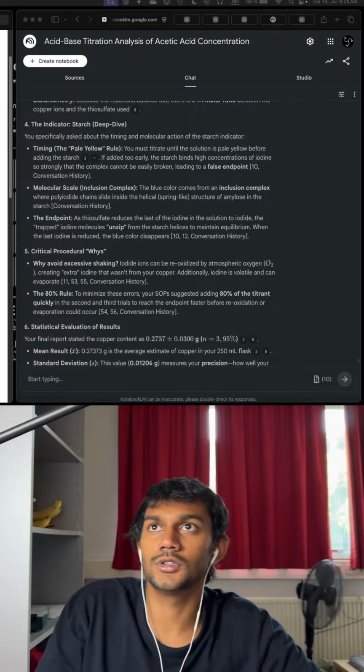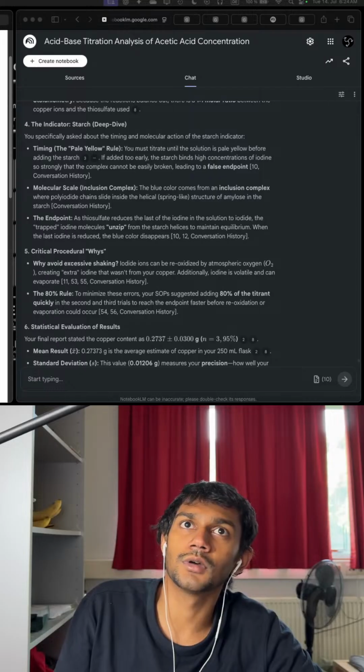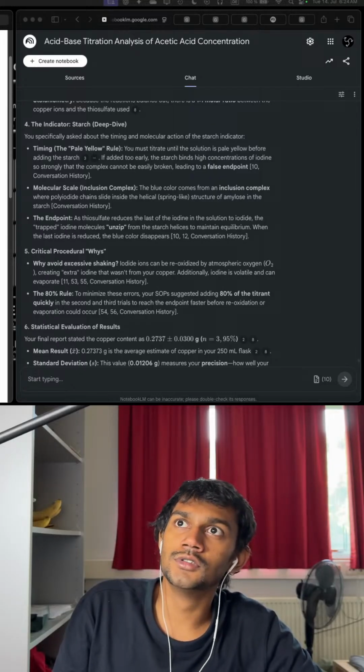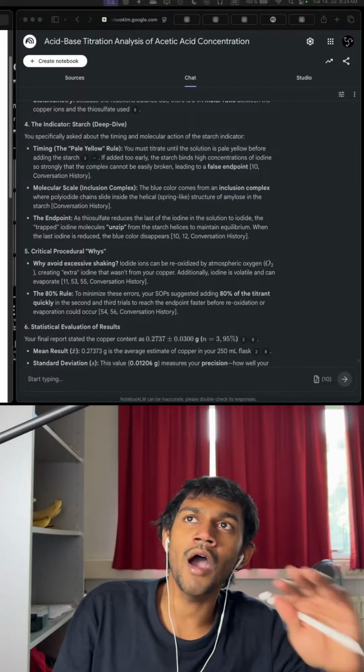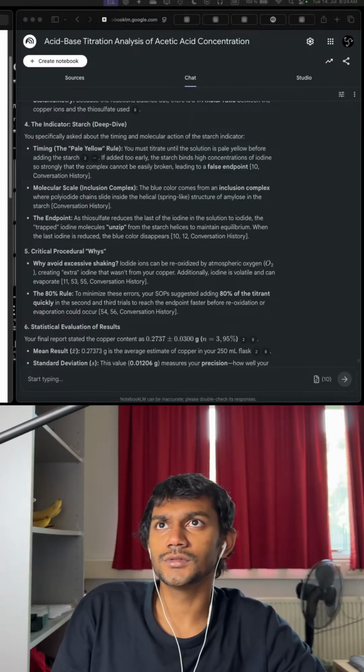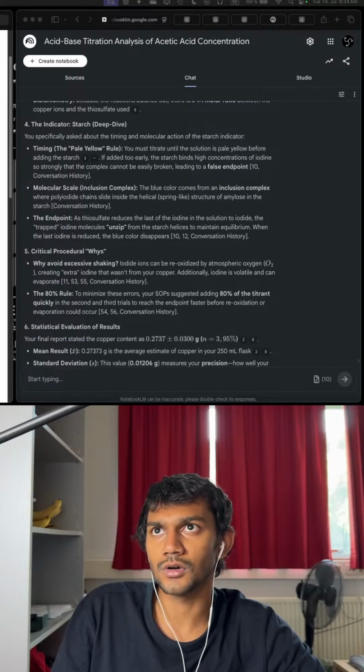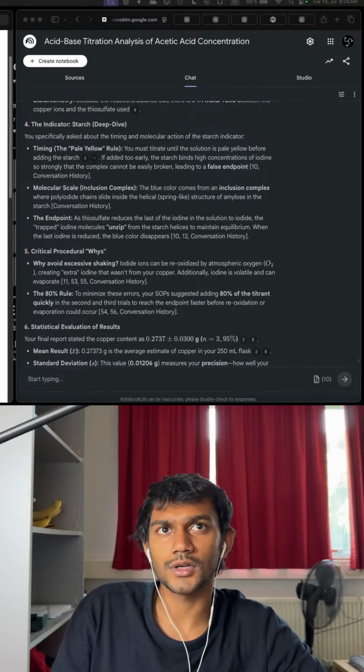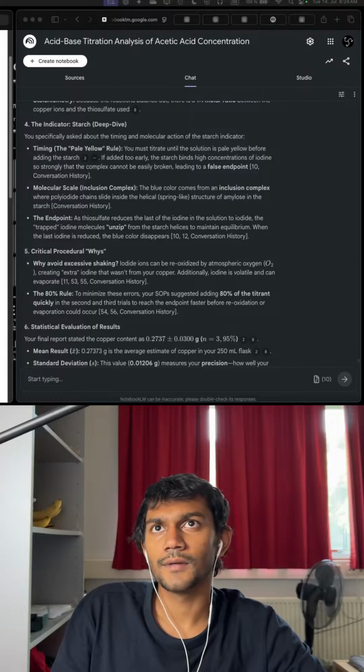So first we measure the volume of potassium iodate used, the volume of titrant used, the number of moles. From the number of moles, with a 1:1 ratio, we get sodium thiosulfate. Then we figure out the concentration.